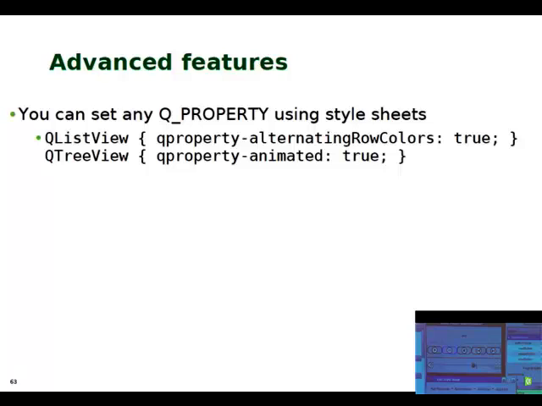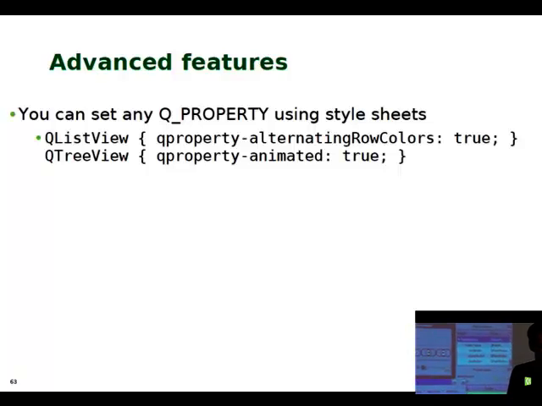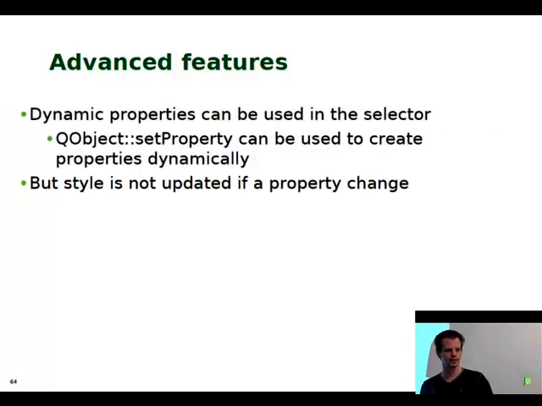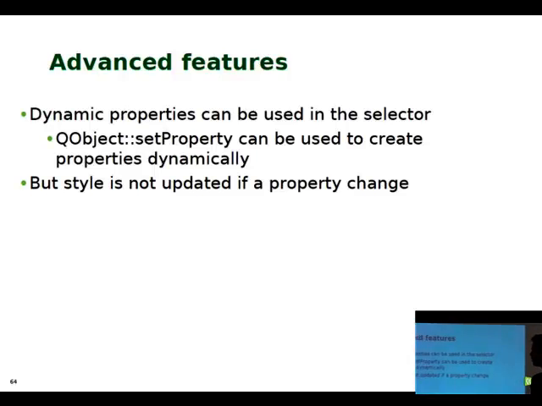So that means that you can set any property on your button and use that property in order to match the button. Yeah, so this is what I exactly showed.